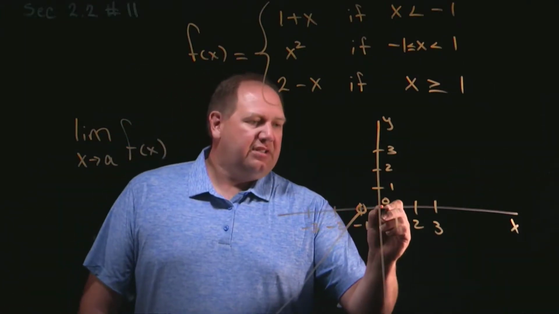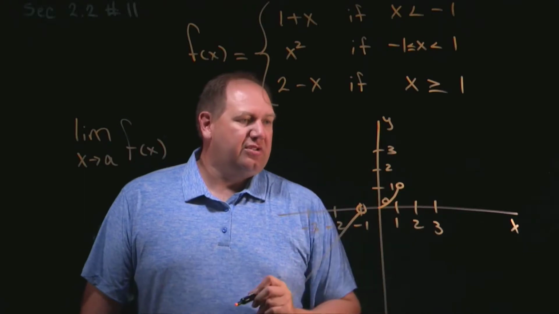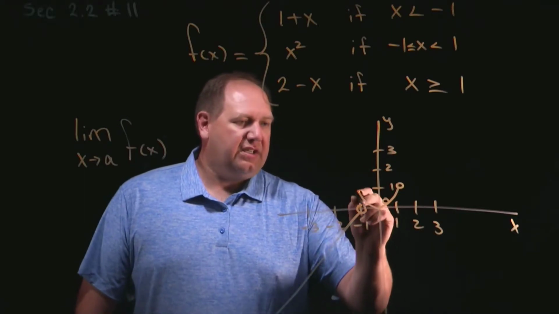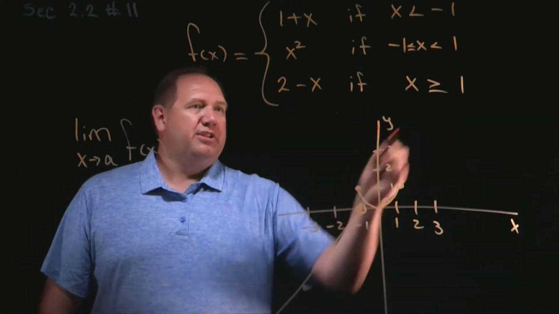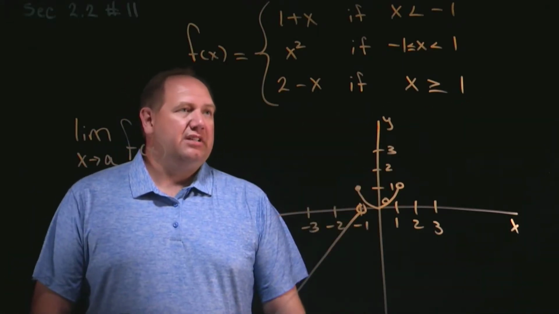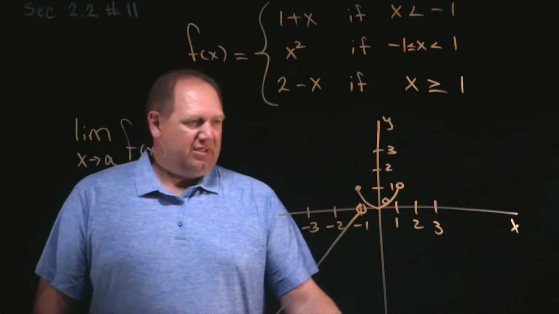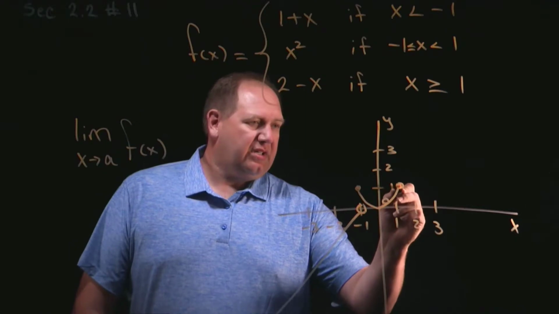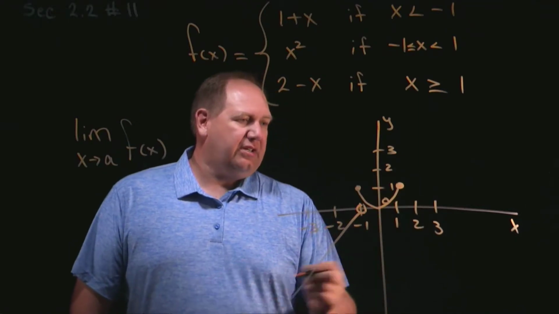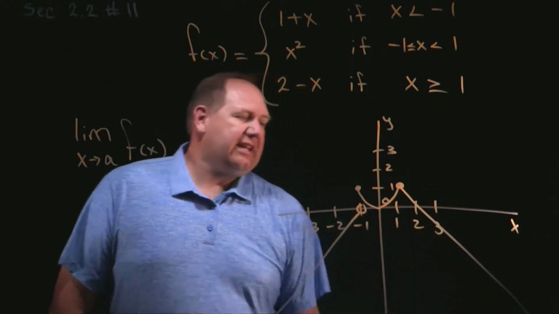So this is a parabola that's going to look something like this with an open circle, and on this side we're going to have a closed circle. And then the third part is 2 minus x if x is bigger than or equal to 1. So this would be the situation where we have a closed circle there and then go something like that.